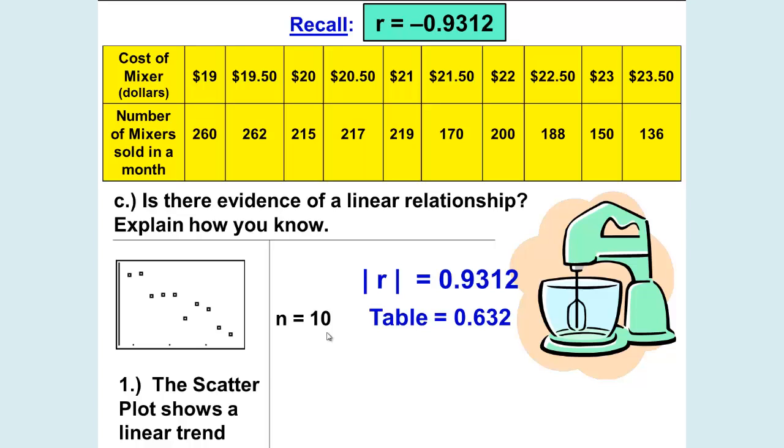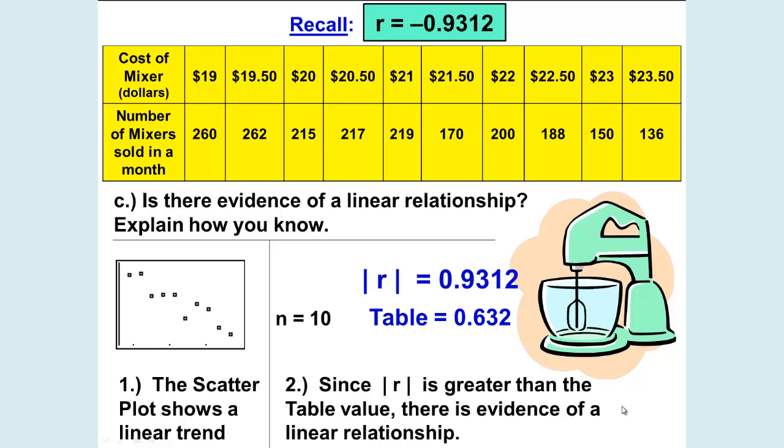With n equaling 10 sets of paired data, our table value is 0.632. That tells us that since the absolute value of r is greater than the table value, there is evidence of a linear relationship.